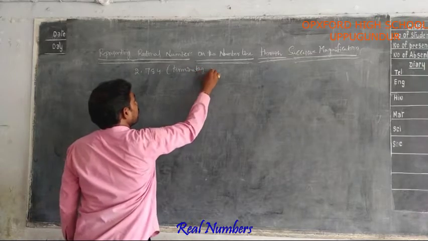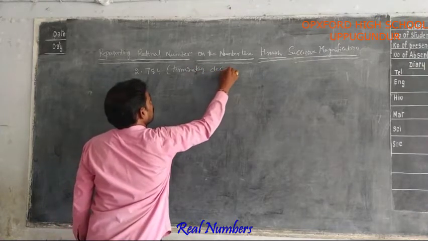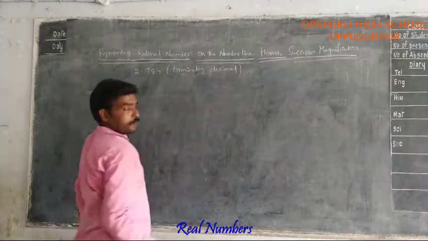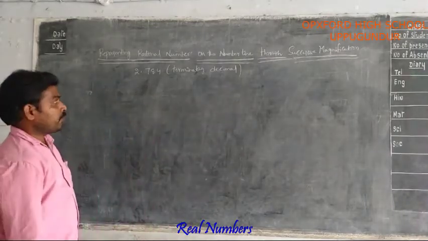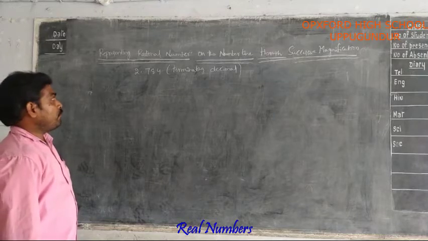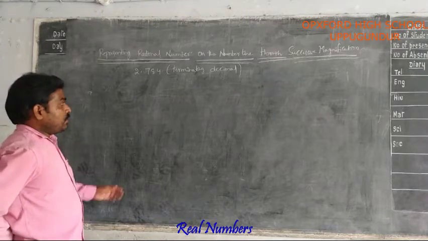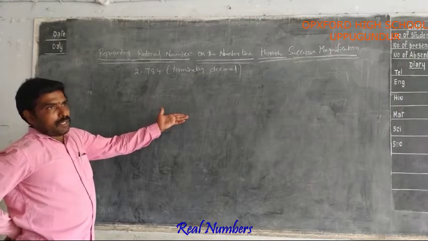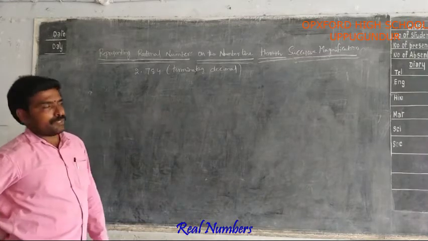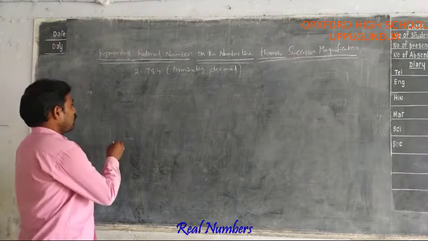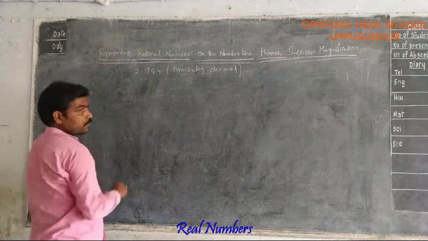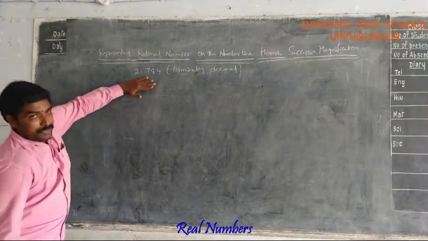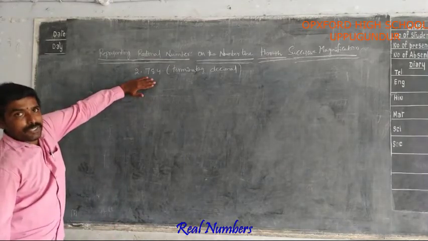If you want to represent this terminating decimal on the number line through successive magnification, first, in general, we represent all the numbers on the number line by using integers. That's why here first we have to check which integers this decimal number lies between.